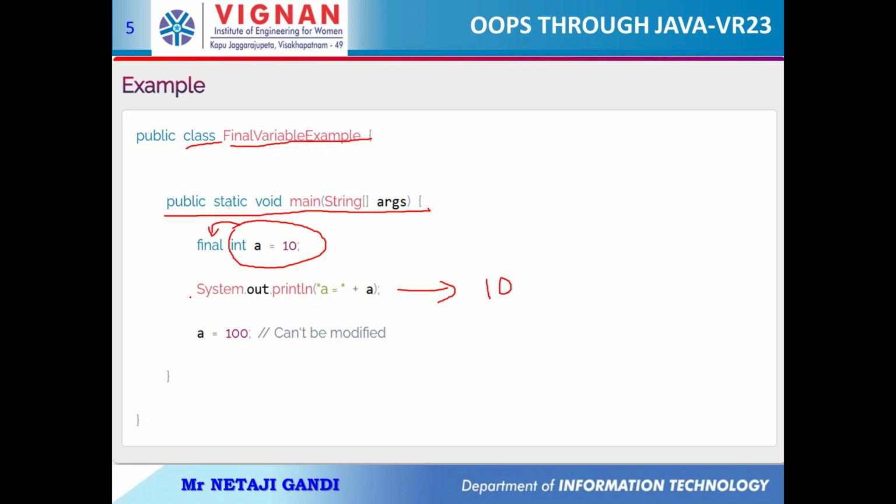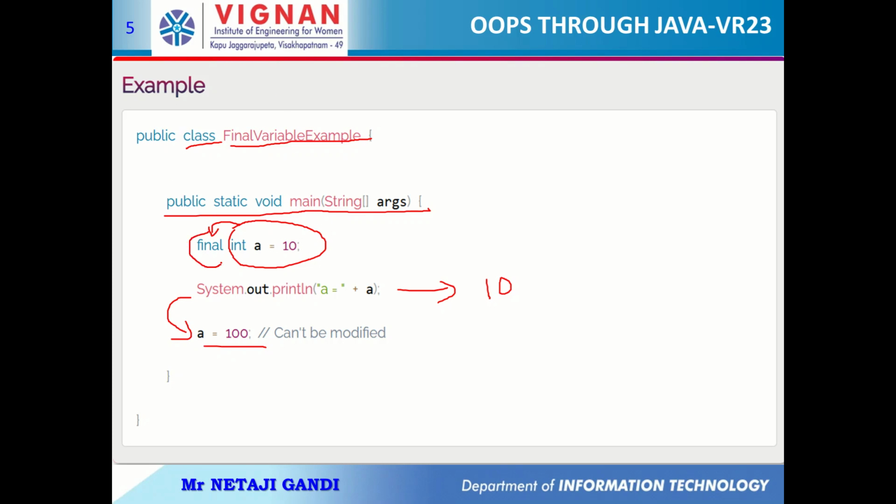But after this line, what if you write a is equal to 100? Is it modified? It cannot be modified, sir. Why? What is the reason? Since we use final, it can't be modified.